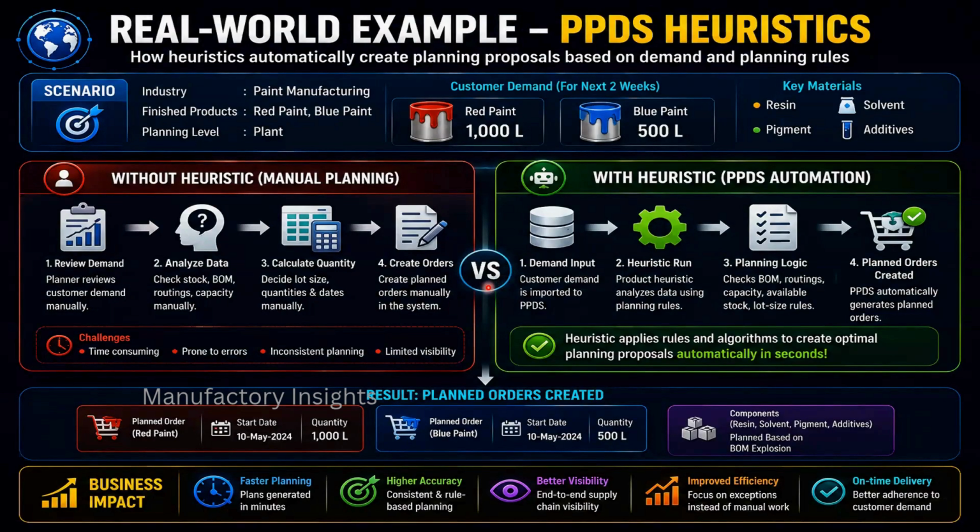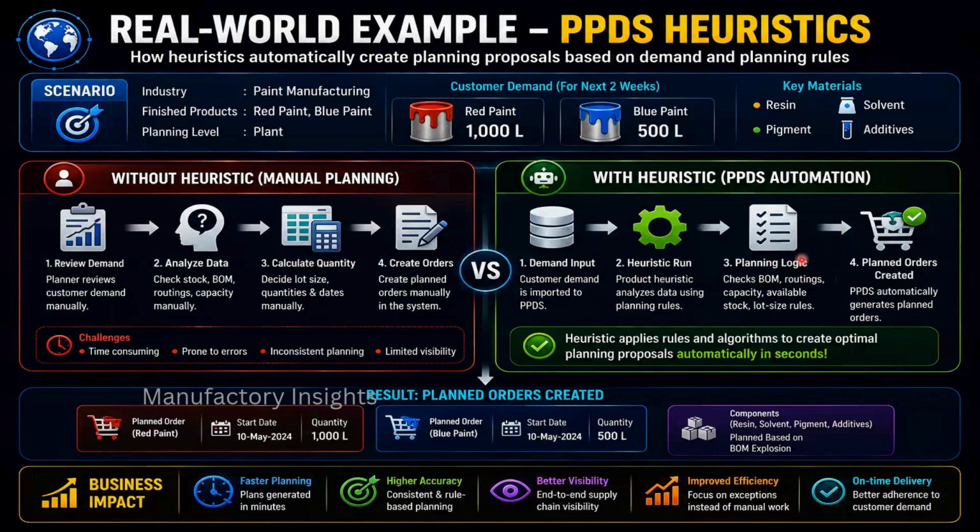Let's consider a simple manufacturing example. Imagine a company producing paint in different colors. Customer demand suddenly increases for red paint. Instead of manually creating production orders, the planner runs a PPDS heuristic. The system automatically generates the planned orders based on the required quantities and planning rules.